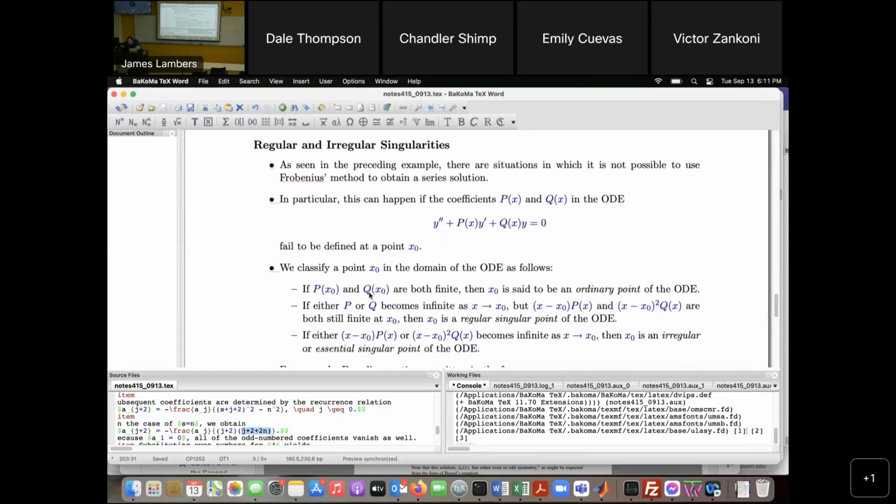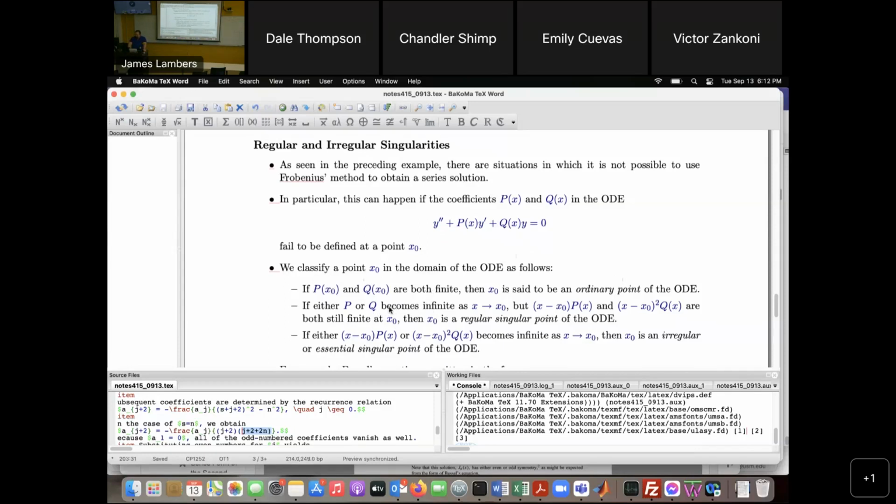If p and q are both defined and finite at a point x naught, that's an ordinary point. Now, if either one of them is undefined, then it's a singular point. But there are two types of singular points, regular and essential, and the distinction matters.